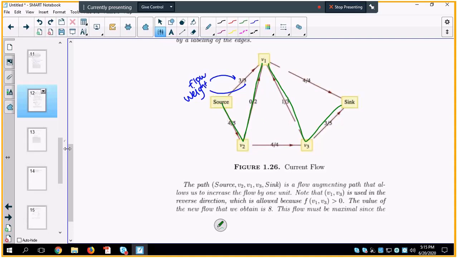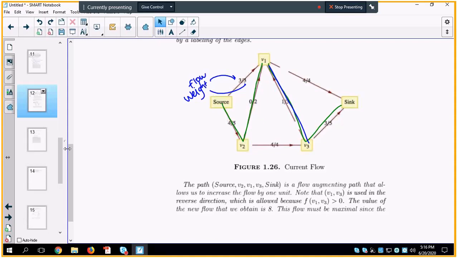But you notice that we had to go backwards down the edge from V1 to V3. We had to use this edge in reverse, and we were allowed to do that because the edge had a positive flow. It had 1 unit there, so we were able to decrease it by at most 1. Then the value of the new flow that we obtain will be 8.